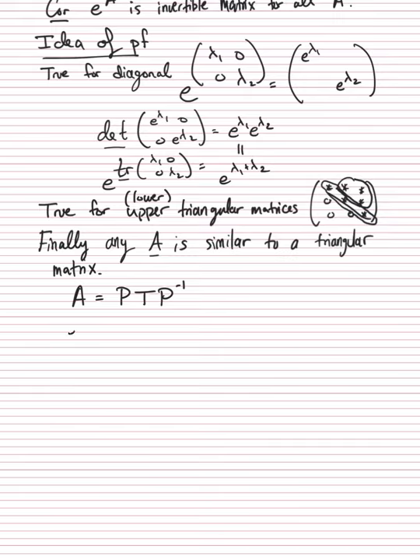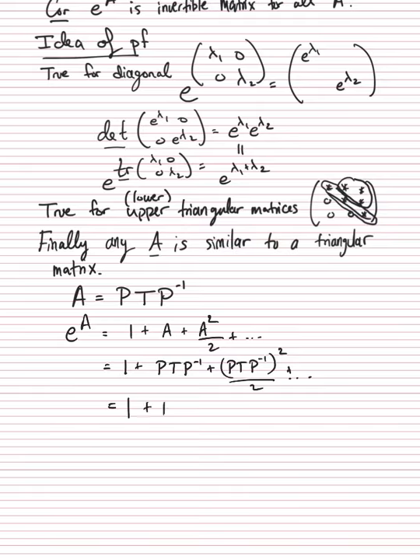Okay, so now we're looking at e to the A. Well, again, this is 1 plus A plus A squared over 2 plus dot dot dot. This is equal to 1 plus PTP inverse plus PTP inverse squared over 2 dot dot dot. Now notice that PTP inverse squared is just PT squared P inverse.